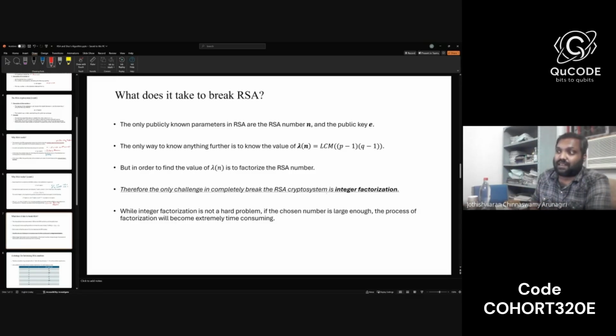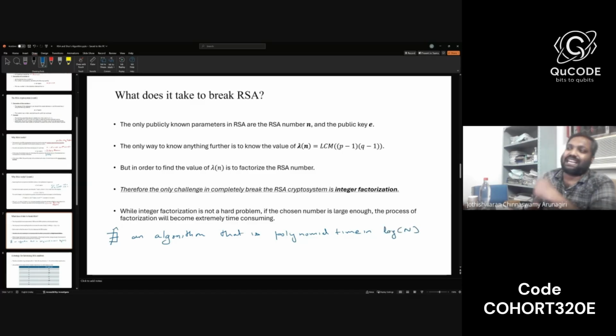Now, sources vary. Some people will say that integer factorization is a hard problem. Some people will say it is not. I lean on the latter side because, yes, there does not exist an algorithm that is polynomial time in log of n.